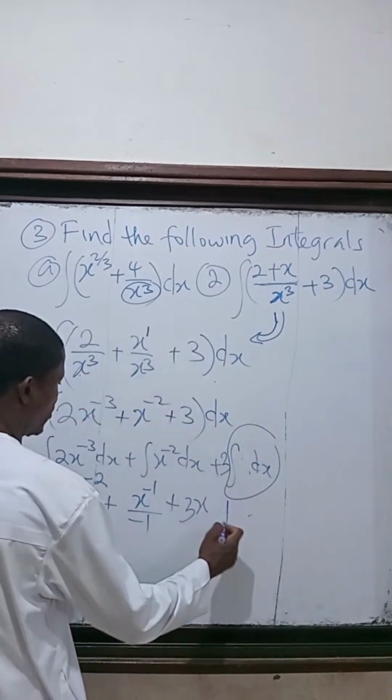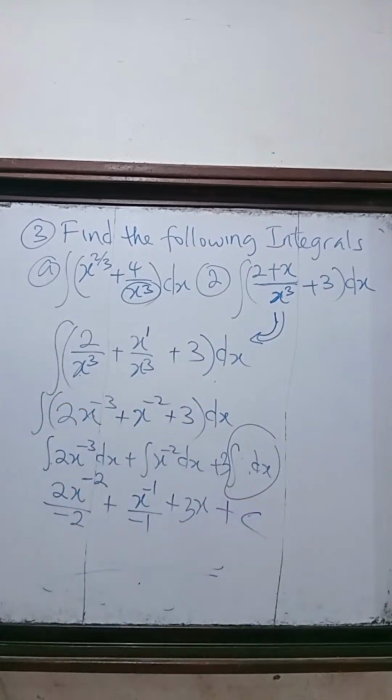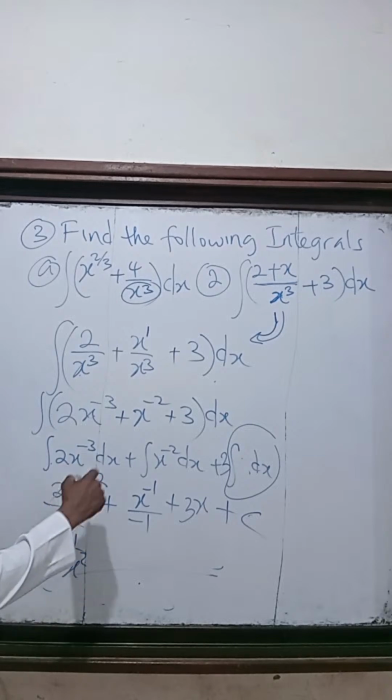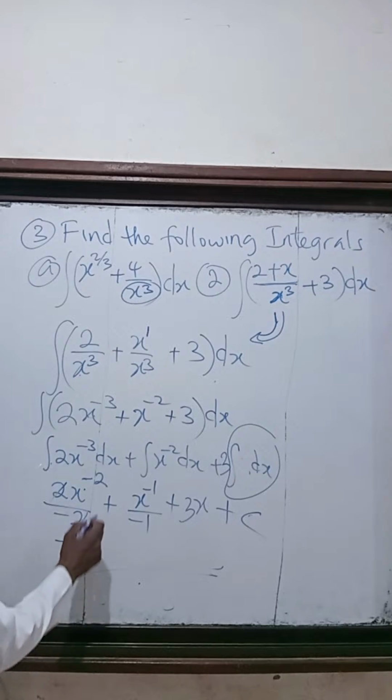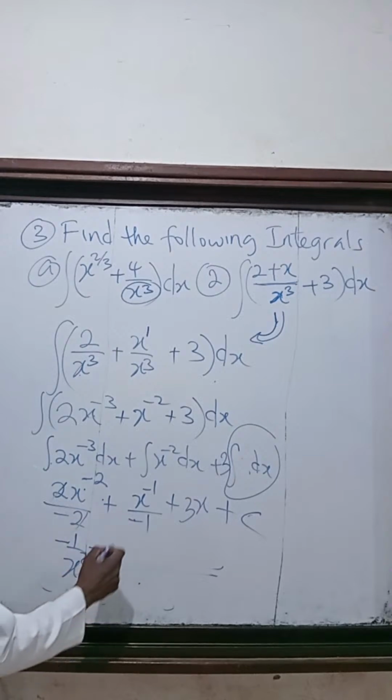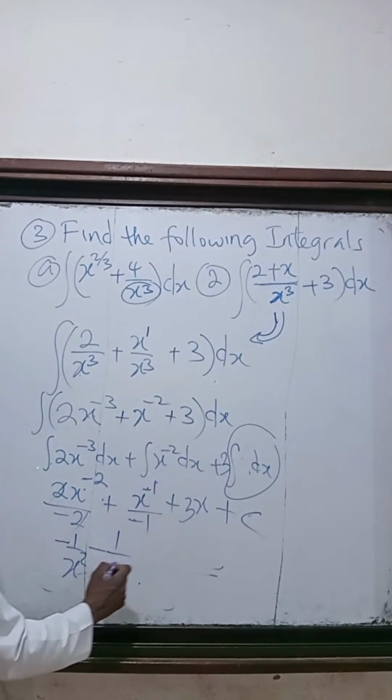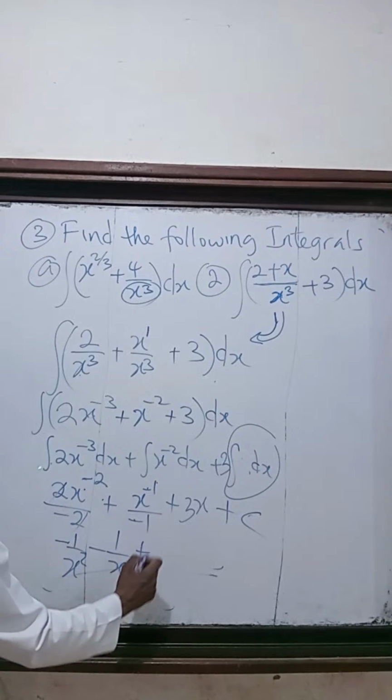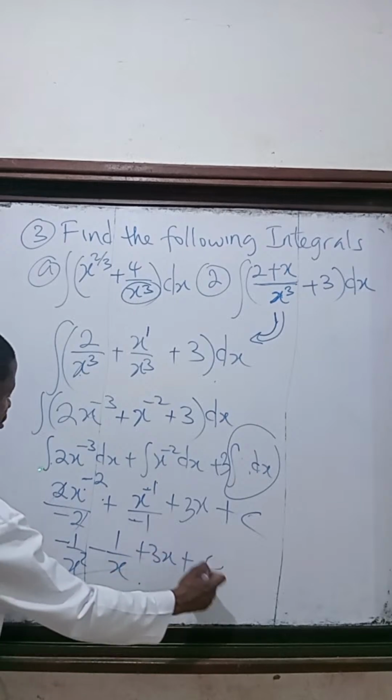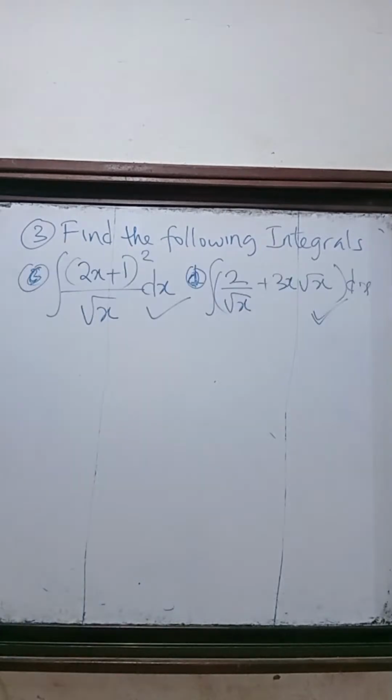So that's what we have, plus c. Let's slowly tidy up. These two will cancel. So the minus will go up. That will be minus. This one is 1 over x to the power 2. Remove the negative, which is 1 over x to the power 2. Plus minus, that's minus. And then x to the power minus 1, that's 1 over x. And then plus 3x. And then plus c. Yeah, thank you.